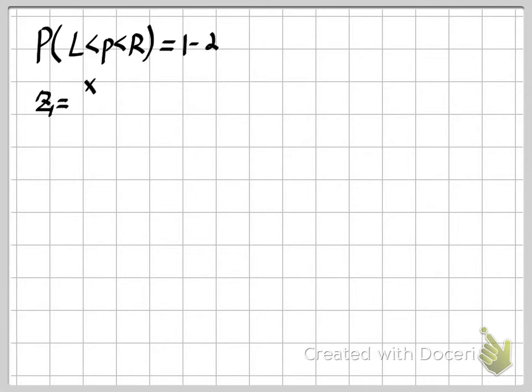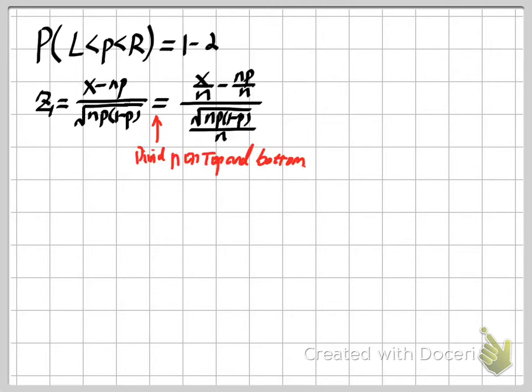So what is our capital Z? In the previous video we already said this is defined as this equation. Now we want something about P, not NP here, so we can divide the numerator and the denominator by n.